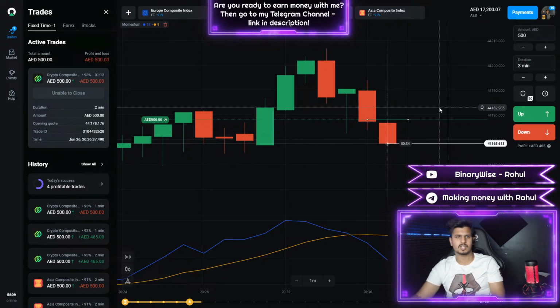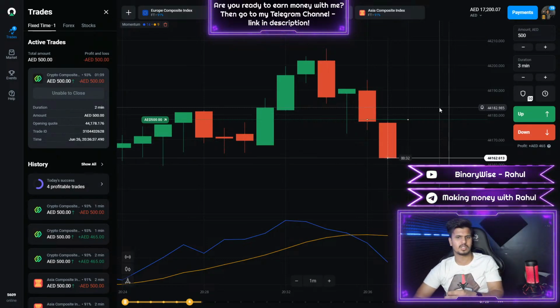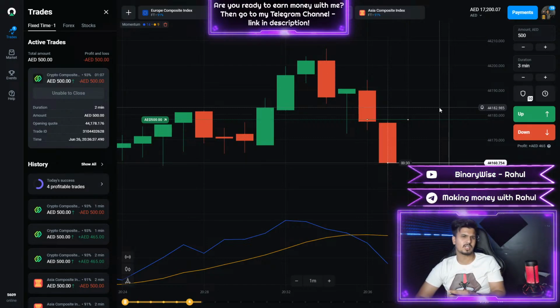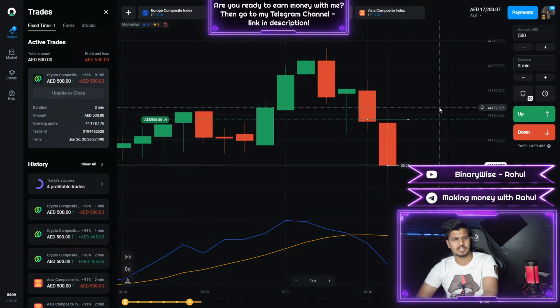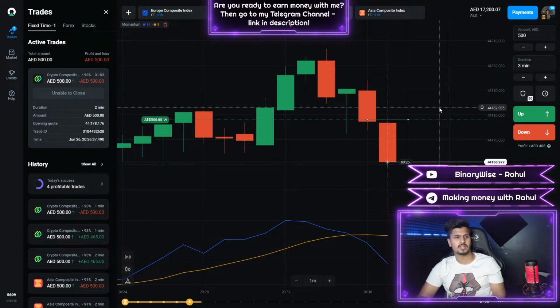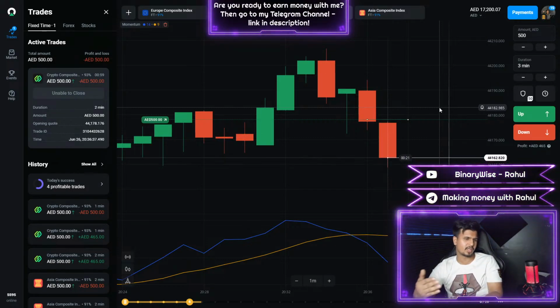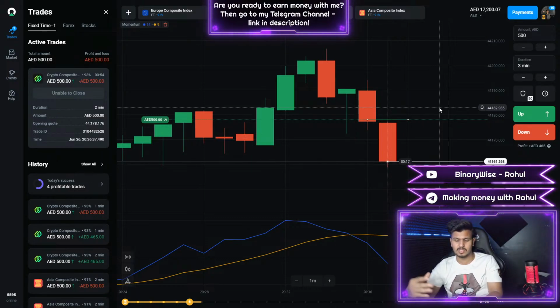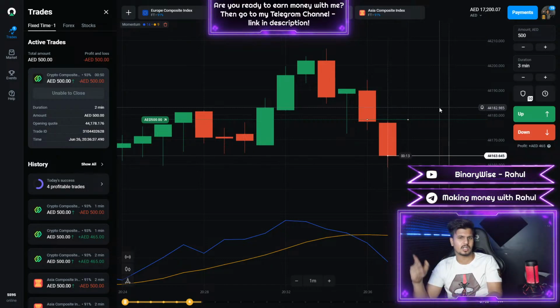One minute 13 seconds left on the crypto composite index. Well, for the last 2-3 days I have been using this a lot. I never used the crypto composite index in the starting times, and I did not feel good making trades on it. But nowadays I really like it because it gives just two direct directions, continuous upward and continuous downward.